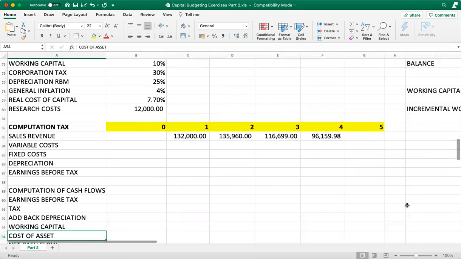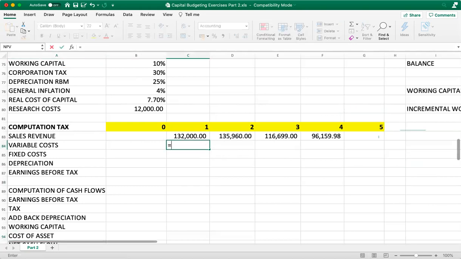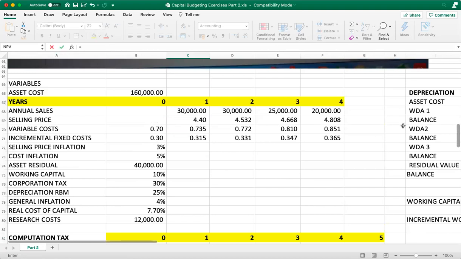So what we need to do next is to now get our earnings before tax. So we have our sales revenue. We want to compute the variable costs. So we say equals annual sales multiplied by variable costs per unit.